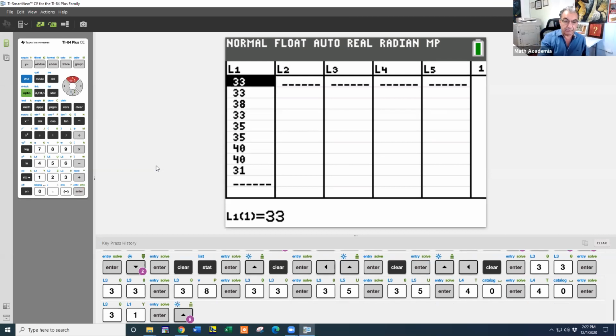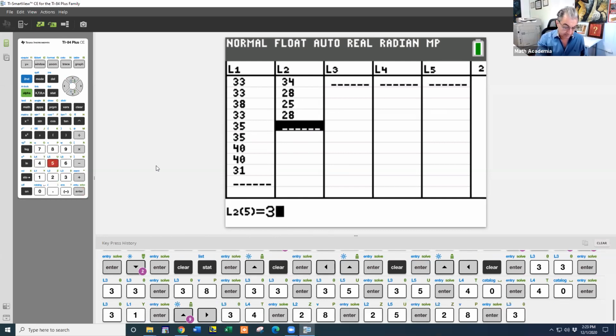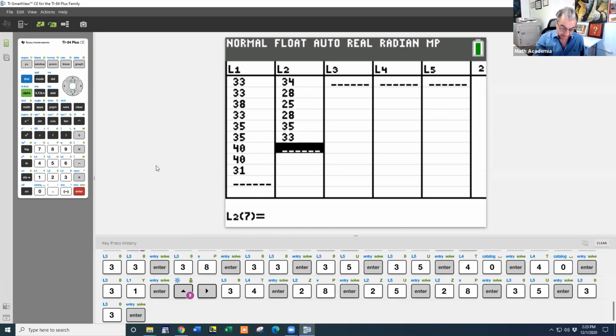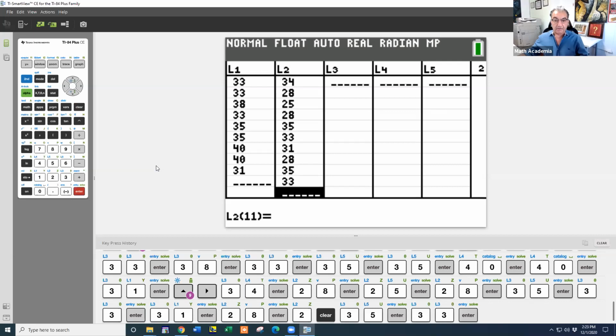Now in L2, we put the after. So it's 34, 28, 25, 28, 35, 33, 31, 28, 35, and 33. I think one's extra, but let me double check. So we have 33, 34, 33, 28, 38, 25, 33, 28.